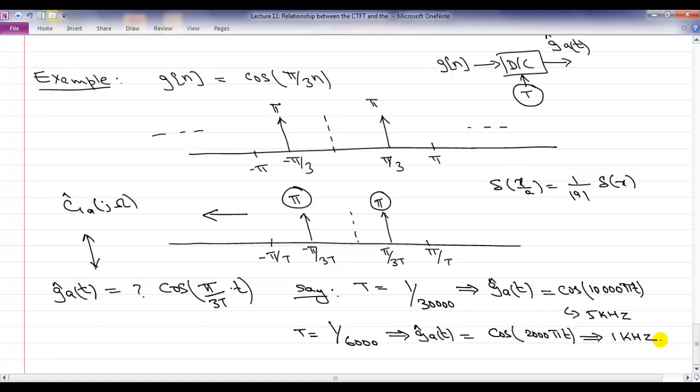For example, if you recorded something at a sampling rate of 44.1 kilohertz, now you have just a bunch of numbers. And if you say now I'm going to reconstruct it, but instead of 44.1 kilohertz, you use, let's say, a time period that corresponds to 40 kilohertz, you are going to get completely different stuff from what you recorded.